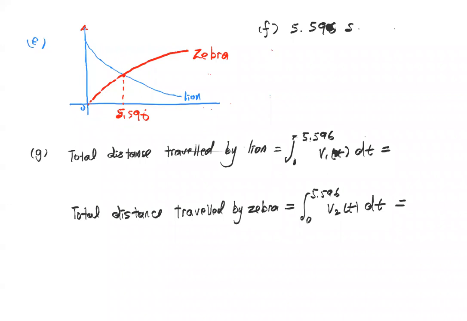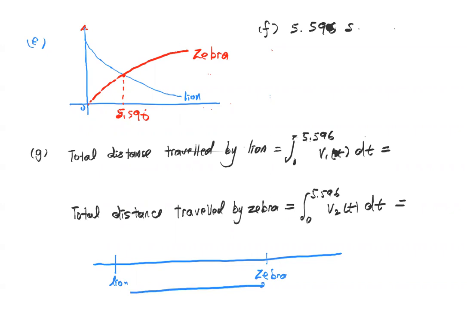Then we illustrate using the diagram. Lion, zebra. Here is 40 meters. This is the initial position. Okay, so please use your graphic calculator and get the answer. Joshua, faster.